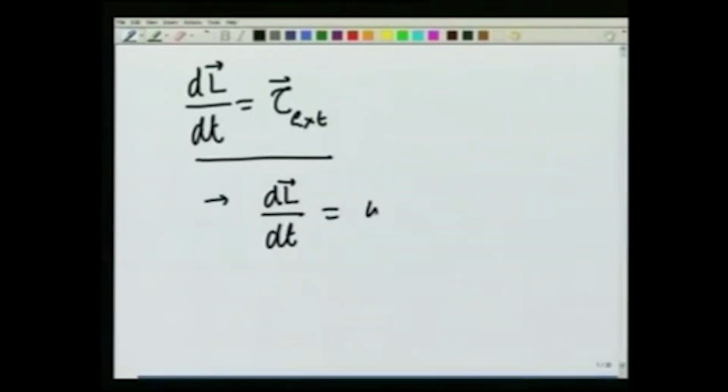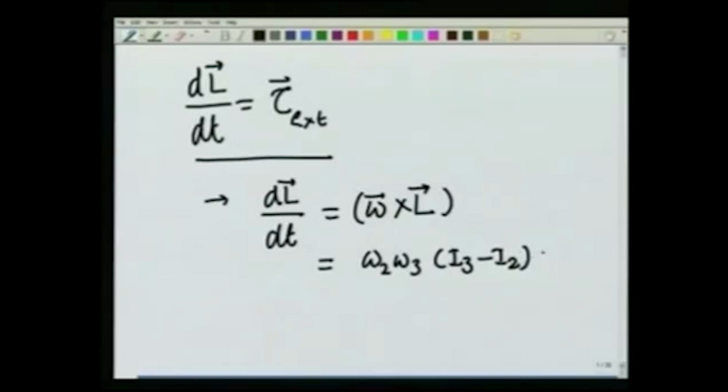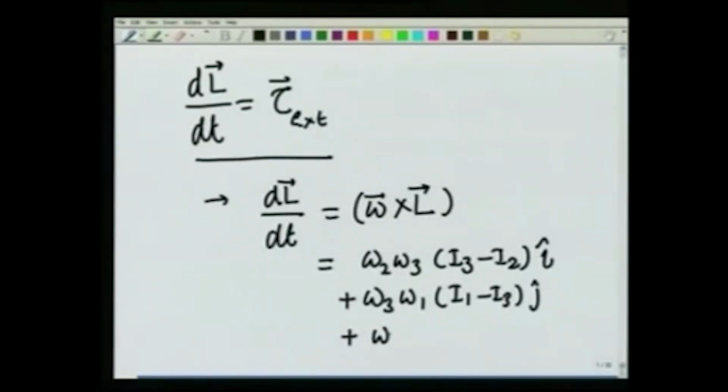was really nothing but omega cross L only, and this we wrote as omega 2 omega 3 (I3 minus I2) i plus omega 3 omega 1 (I1 minus I3) j plus omega 1 omega 2 (I2 minus I1) k, where i, j and k are the unit vectors along the principal axis of the body.